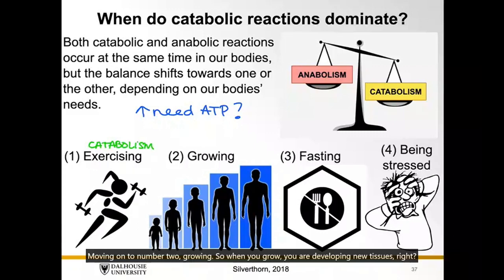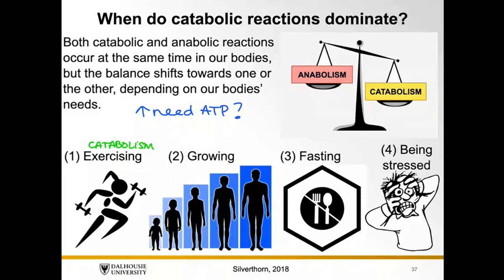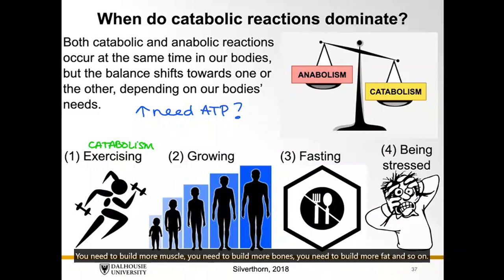Moving on to number two, growing. So when you grow, you are developing new tissues, right? You need to build more muscle. You need to build more bones. You need to build more fat, and so on. So it's really a time where we need to build more of those large biomolecules.